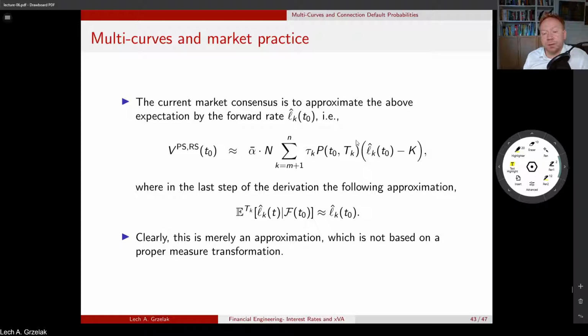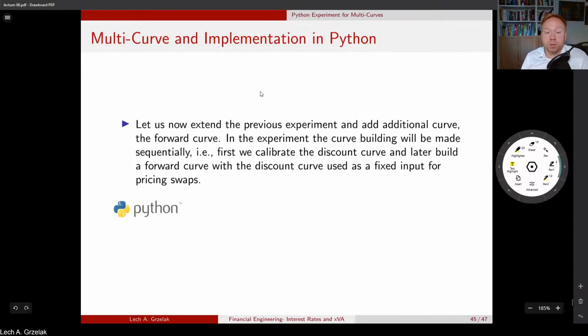In this case, of course, this separation between discounting and forecasting is not really possible. Therefore, we have to adjust our definition of interest rate swap, our code for that. We need to incorporate two curves. So we have two curves as the input, and we need to use this new technology also to calibrate a new yield curve given the data. So this is this experiment.